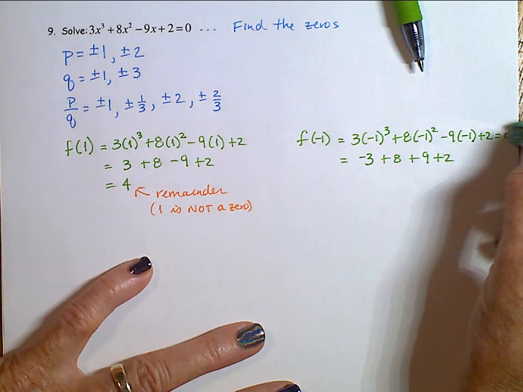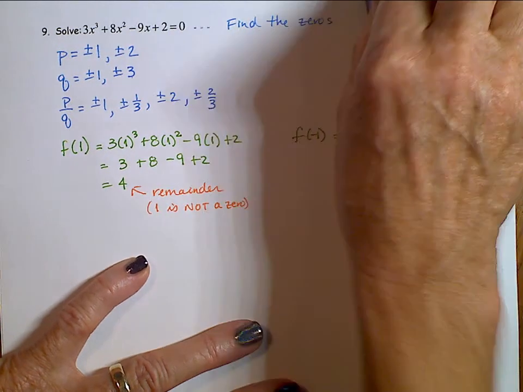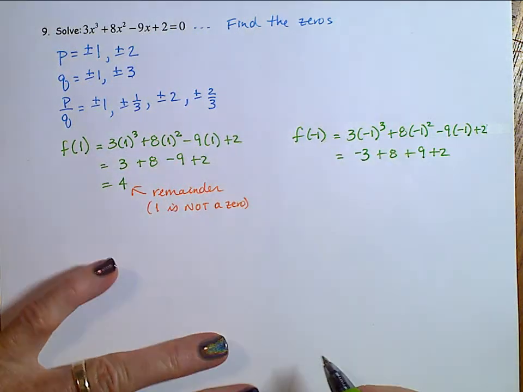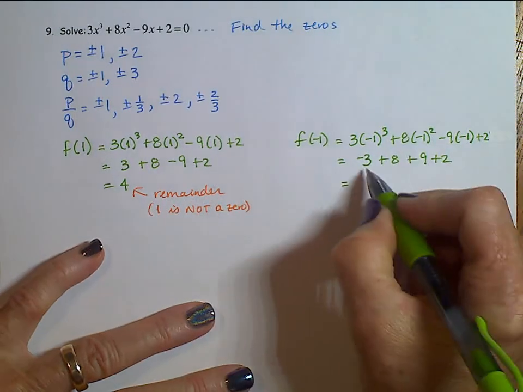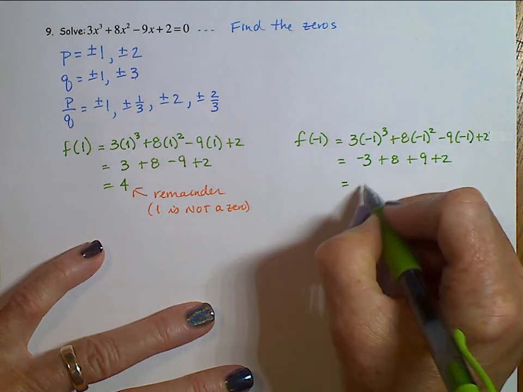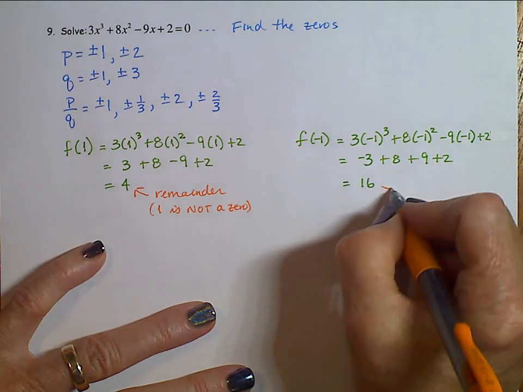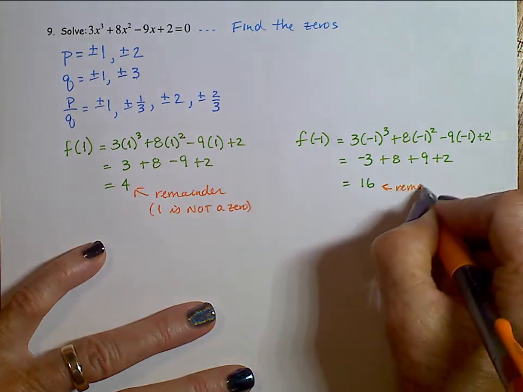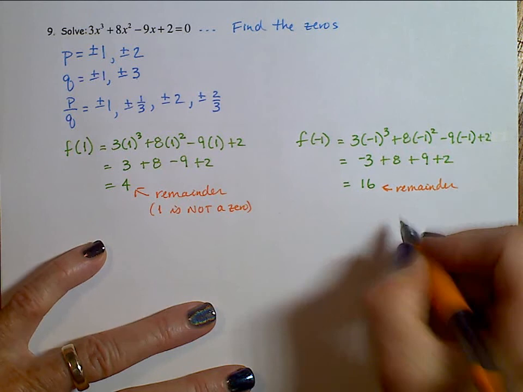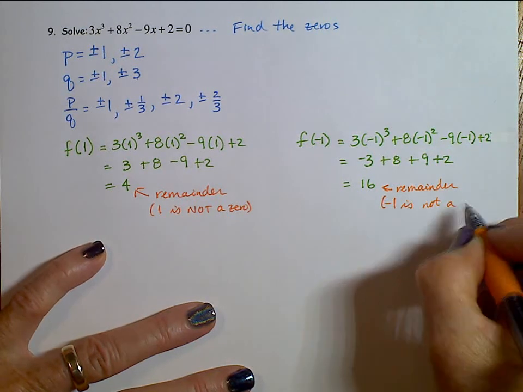We're wanting it to be equal to 0 for negative 1 to be a zero. We're trying to see what this is. That's 5 plus 9 is 14 plus 2, 16. So again, we have a remainder. So negative 1 is not a zero.